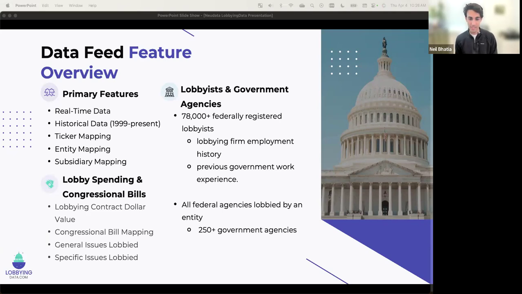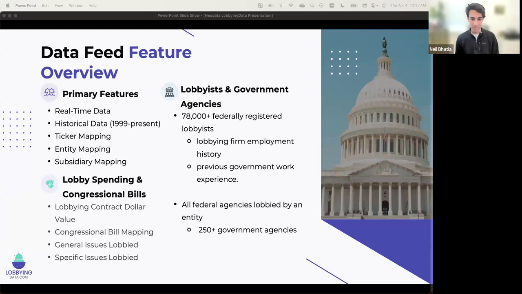But the difficulty is, since the data is self-reported, oftentimes, and I don't know if this is intentional or not, the lobbying clients like Apple will be misspelled many times. So we have to do a lot of different algorithmic tricks around NLP to make sure that Apple is not the same thing as an Apple farm in Minnesota, or an Apple totally different than the technology company.